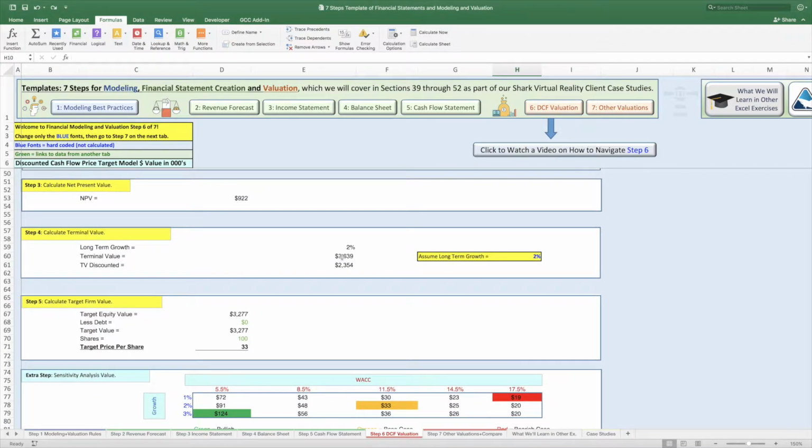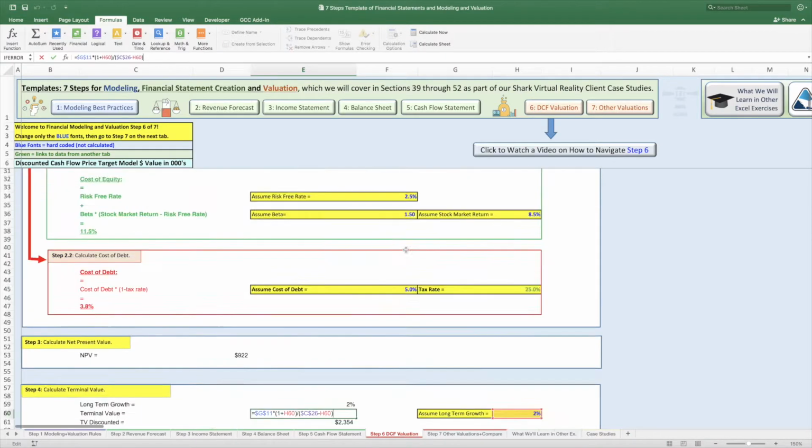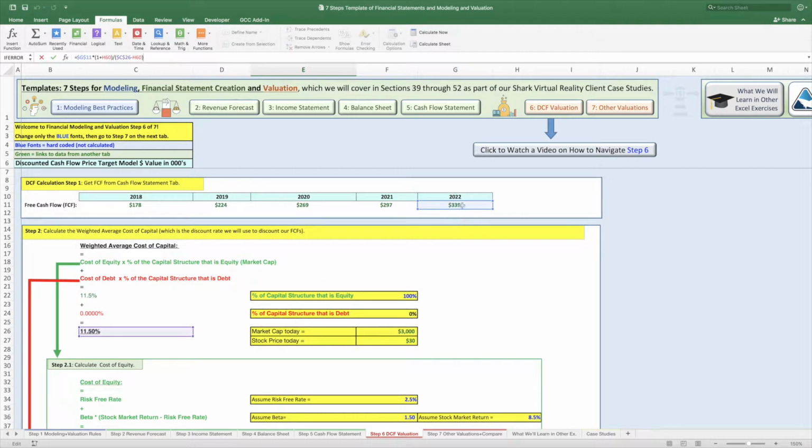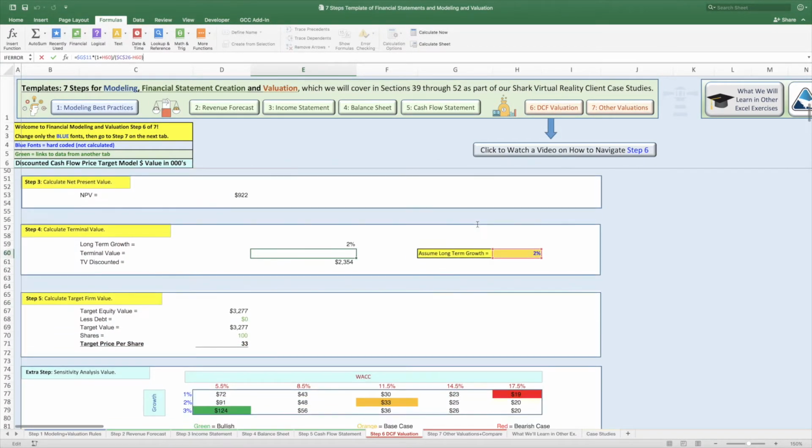Okay, so basically, here's the formula, okay? The terminal value is equal to the last year's cash flow, this guy here, okay? Then we multiply it by 1 plus our long-term growth rate, okay?